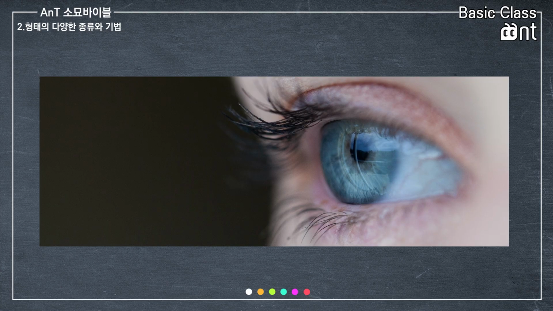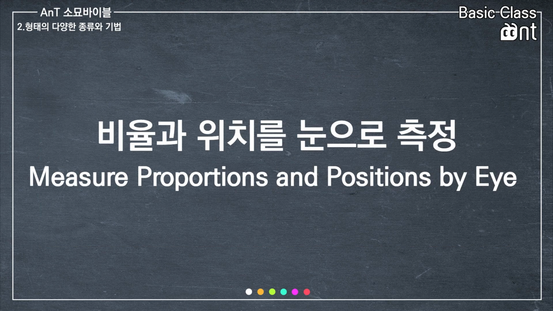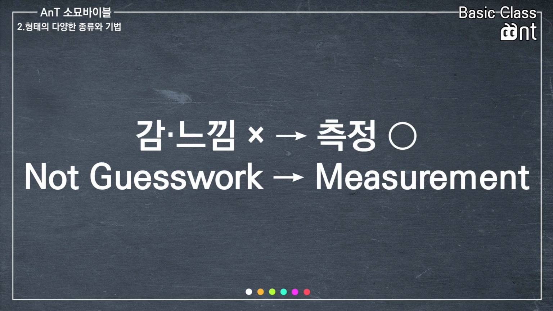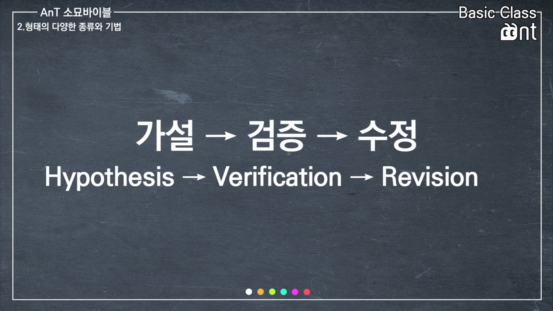Simply judging by eye, roughly copying what you see, or relying on intuition, drawing based only on visual guesswork is not accurate visual measurement. Accurate visual measurement applies the same principles as measurement, but relies solely on the eyes instead of measuring tools. It is based on measurement, not intuition. Rather than guessing, it works from estimated values, forming hypotheses, verifying them, and making corrections.